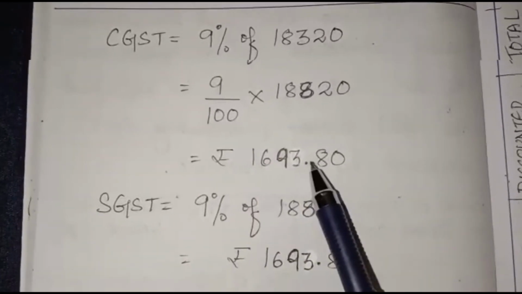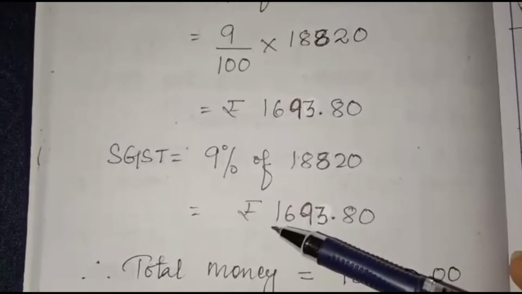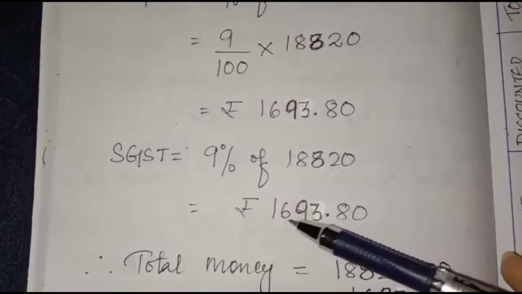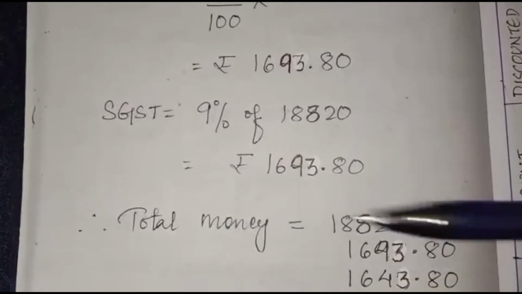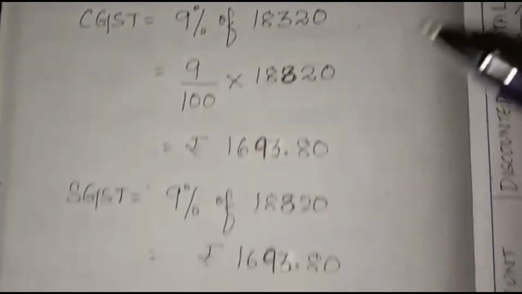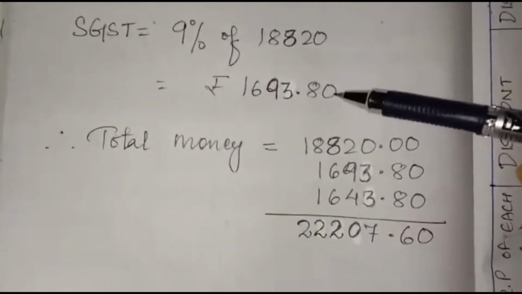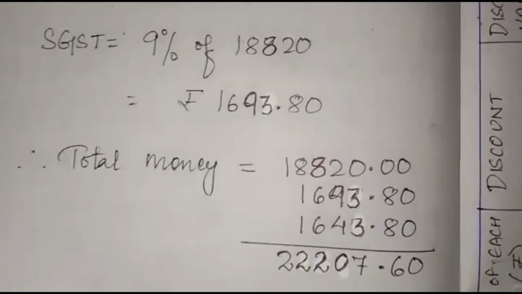This is CGST, and we know CGST and SGST will be the same. This is also 1,693.80. Now we have to find the total money received by that mechanic. So to find the total money, you have to add the total plus CGST plus SGST. So this is the total money received by that mechanic.